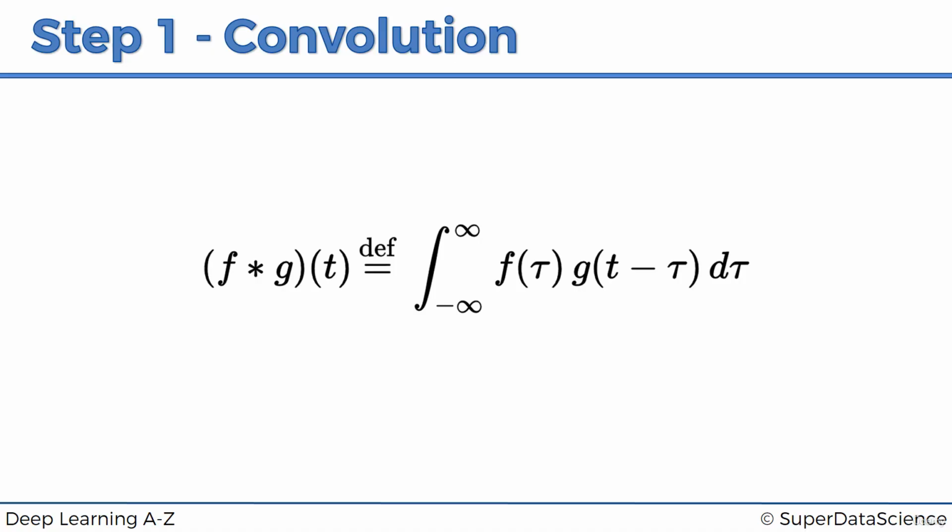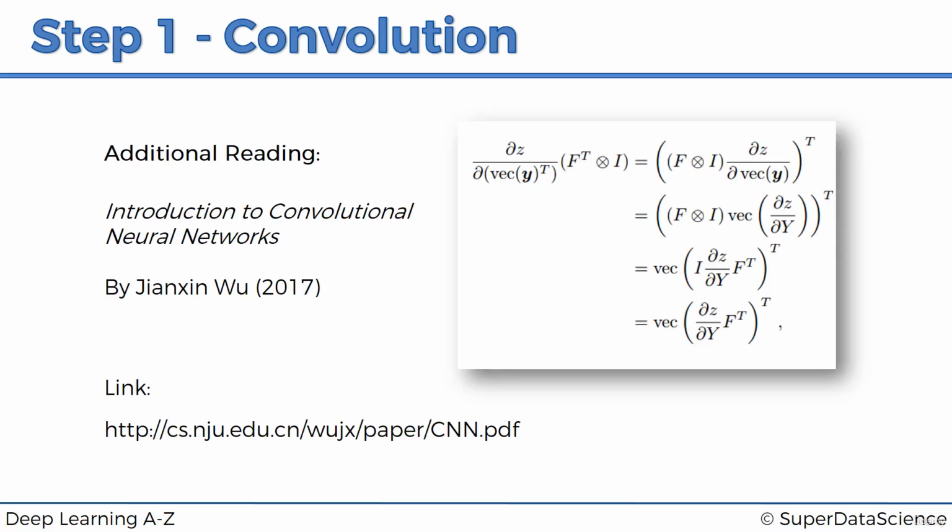If you'd like to get into the math behind convolutional neural networks, a great additional read is Introduction to Convolutional Neural Networks by Jianxin Wu, who is a professor at Nanjing University in China. This paper was published literally days ago, like 5 or 6 days ago, and it is oriented specifically at beginners who are getting to know convolutional neural networks.